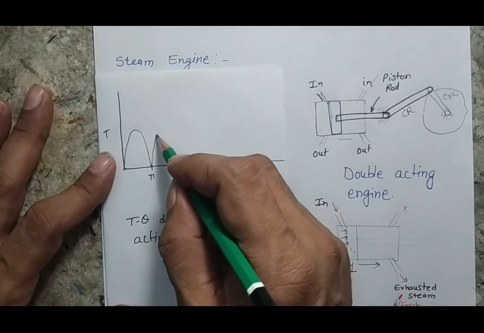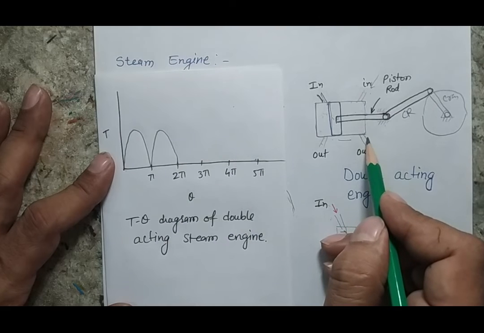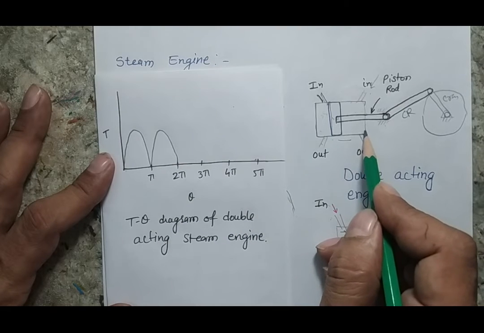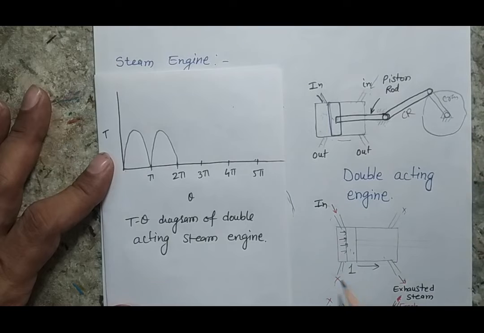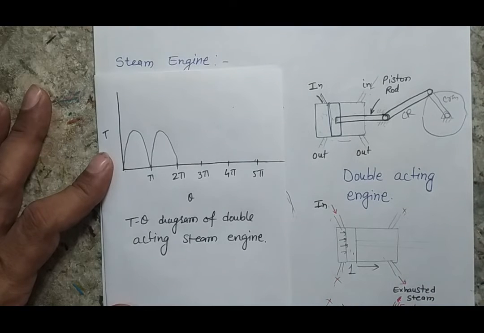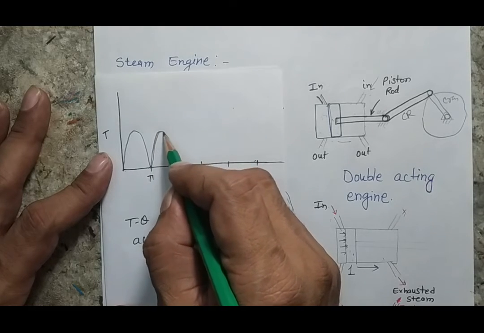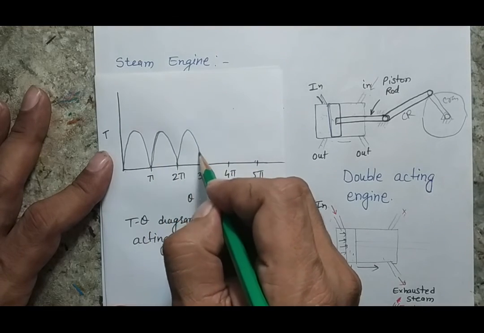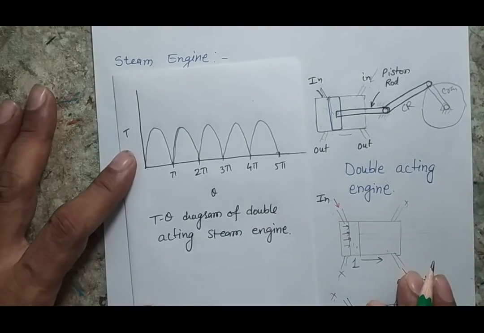I am ignoring the work required to move the piston from right to left, while the piston forces the exhaust gases to move out. Certain energy is required to force these exhaust gases out, but if I ignore this work, for each half rotation I am getting power. So for a double acting steam engine, this will be the shape of my turning moment diagram.